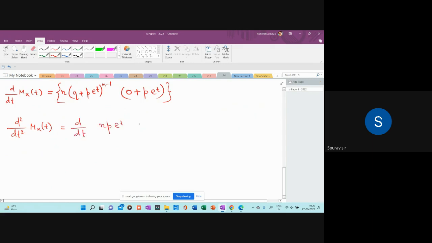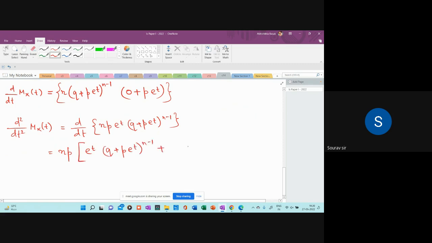np e to the power t (q plus p e to the power t) whole to the power n minus 1. So this np will come out and we will do the derivative with respect to t. It's a product function. So e to the power t is doing the derivative of e to the power t and remaining this part as same.